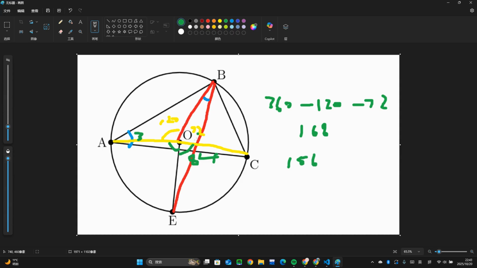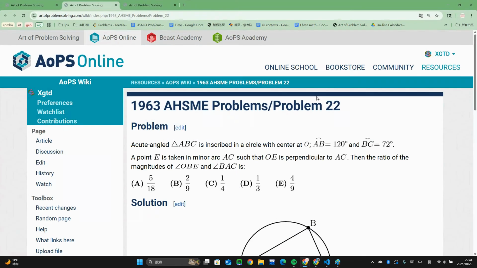So the two bottom angles added up is going to be 24. So one of them will be 12. Wow, I did all that mental math really well. So the ratio is going to be 12 over 36, as we've already found earlier. So the ratio is 12 over 36, 1/3, which corresponds to the answer choice D.